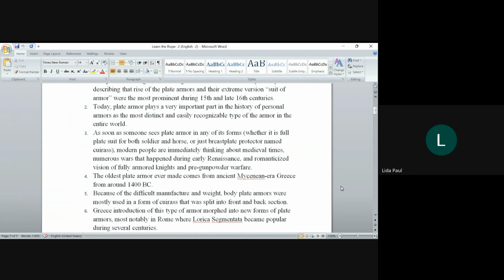We are looking at the fourth line of the third sentence: numerous wars that happened during early Renaissance and romanticized. Thank you, ma'am. Is "numerous" an adverb, or is it an adjective? "Numerous wars" - numerous is an adjective. Yes, ma'am.